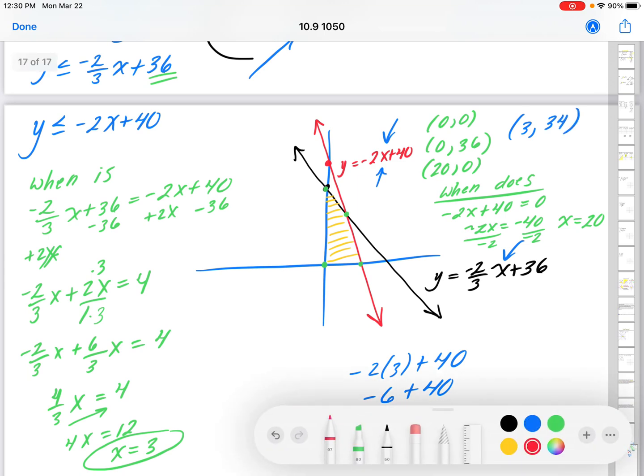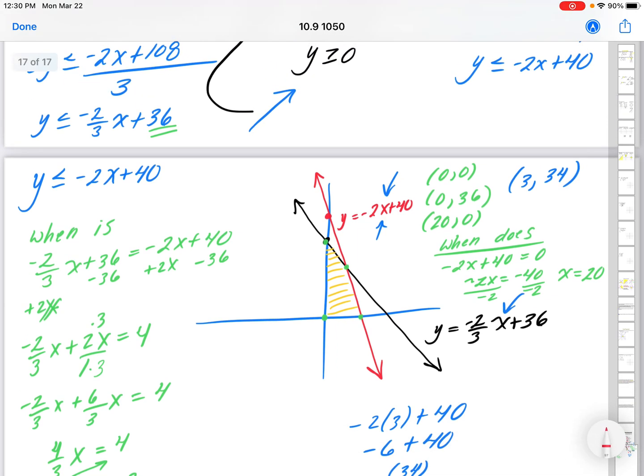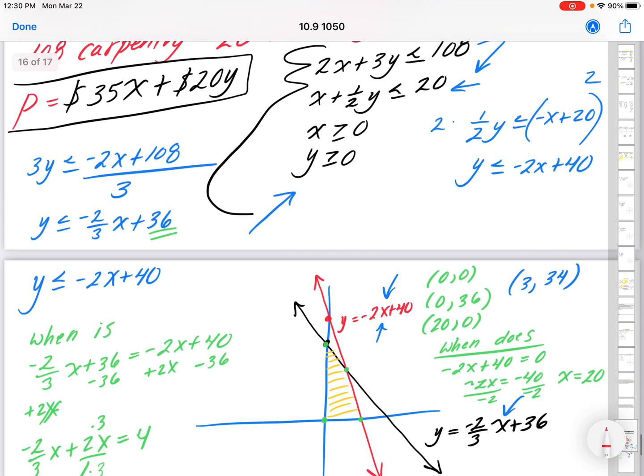So now the maximum profit is going to be the vertex that we plug in that creates the greatest amount out. If we plug in 0, 0, obviously we're going to get 0 profit. If we plug in 0, 36, that would be 35 times 0 plus 20 times 36. So that would be 720.